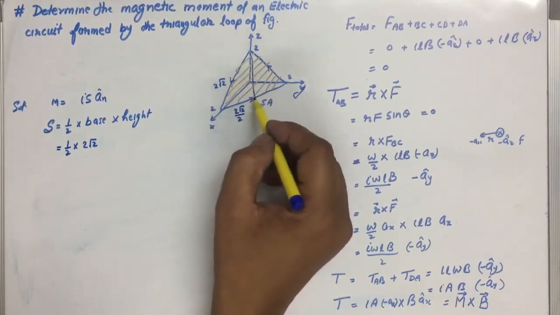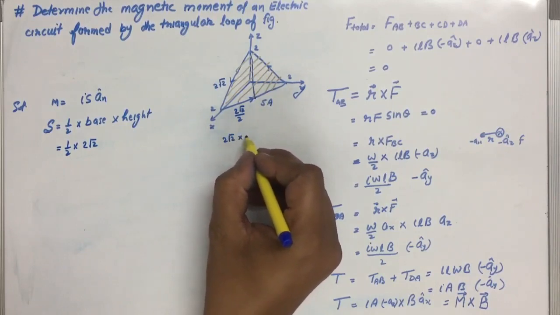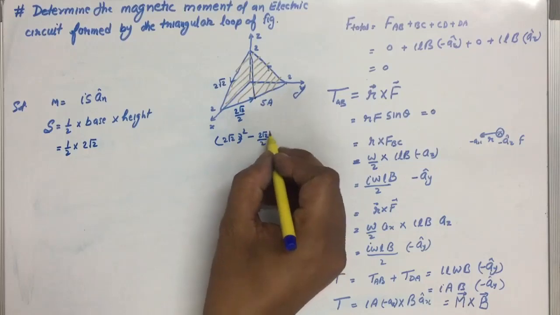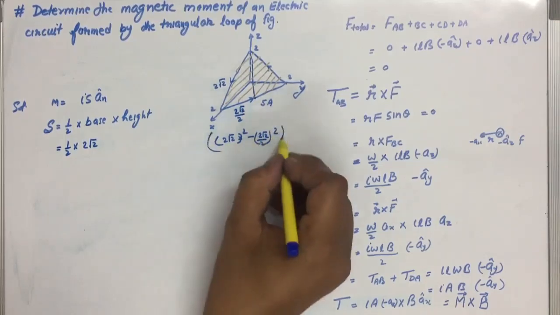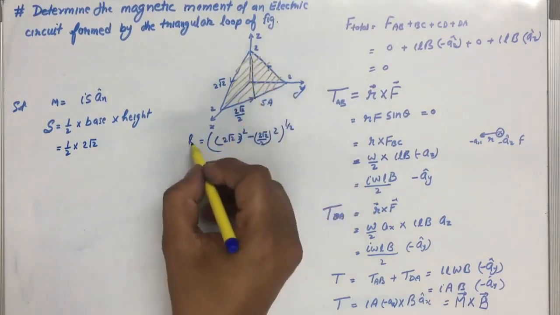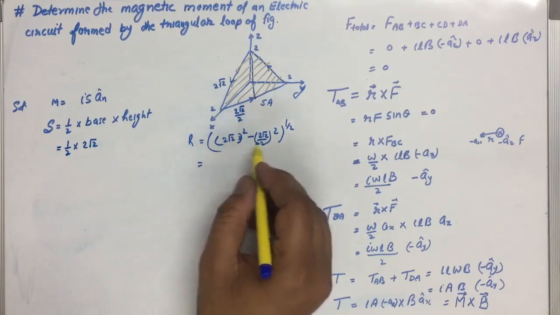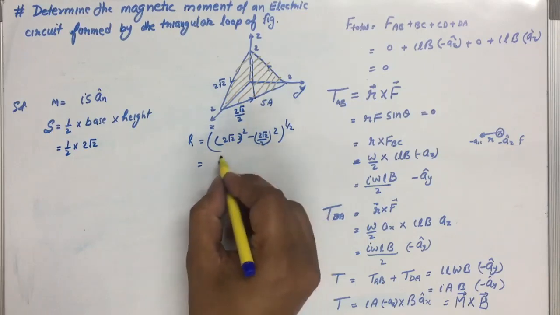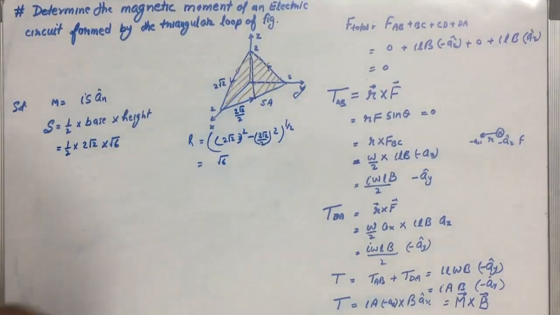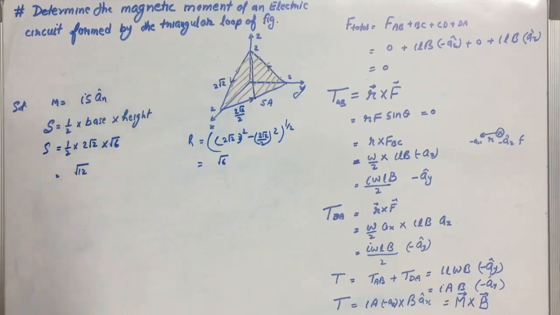With the hypotenuse and the base, the perpendicular will be the square root of 2 root 2 squared minus 2 root 2 by 2 squared. That will be the height. So from here we get the square root of 8 minus 2, that is square root 6. The area will be root 12.